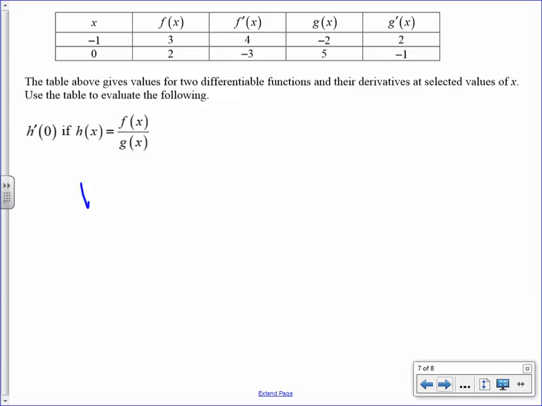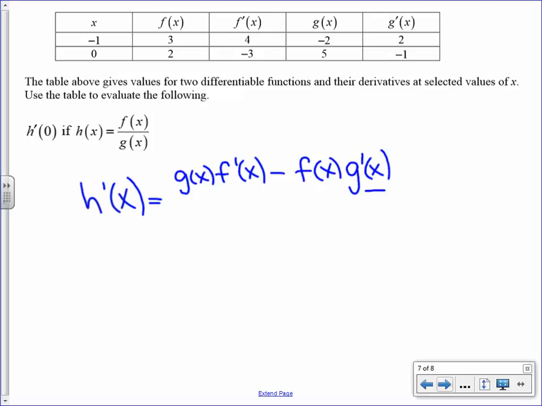So h prime of x, ooh, what do we have? We have a quotient. And how do we take the derivative of a quotient? Low d high minus high d low, all over low squared.